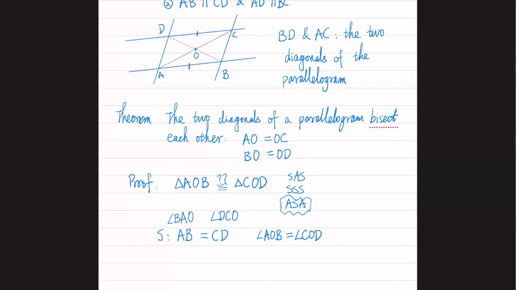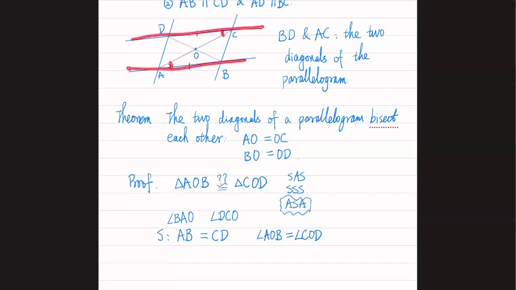Okay, so why do these two angles, BAO, have the same measure? It's because these two angles are the alternate angles.